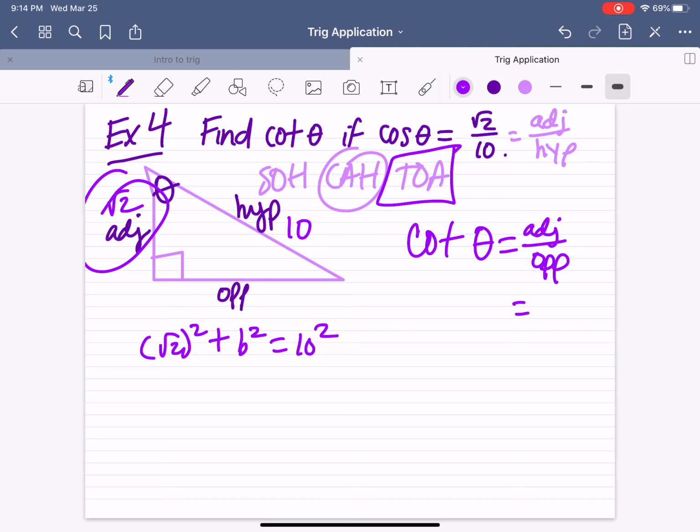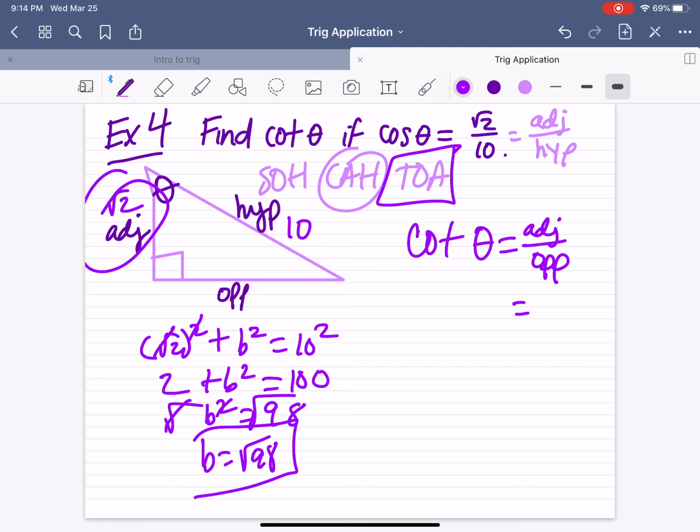Square root of 2 squared, the square root and the square cancel out, leaving you with 2. 10 squared is 100. Subtract 2 from both sides. Take the square root of 98, and you get a decimal. It's not a perfect square, so let's leave it like that. So the opposite is root 98.